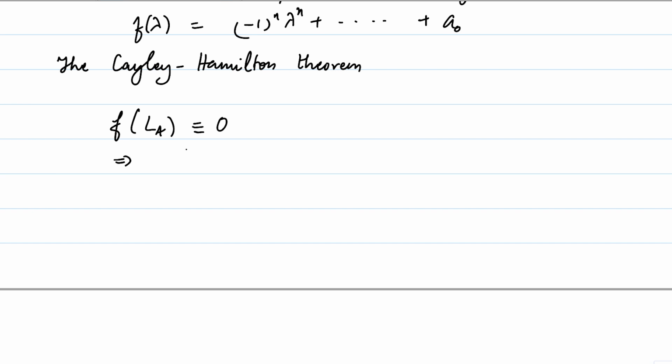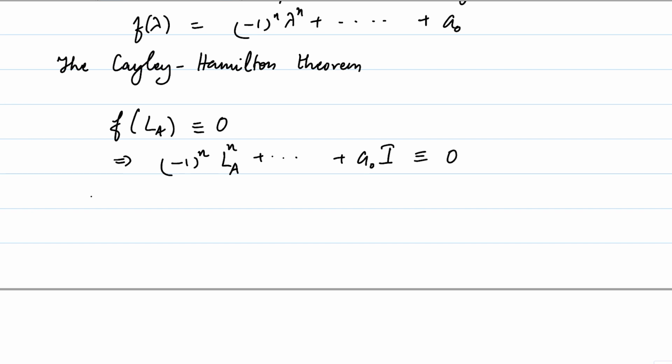Equal to 0 implies that minus 1 to the power n times L_A acting on itself n times plus so on up to A0 I is the zero linear operator. That's what it means.